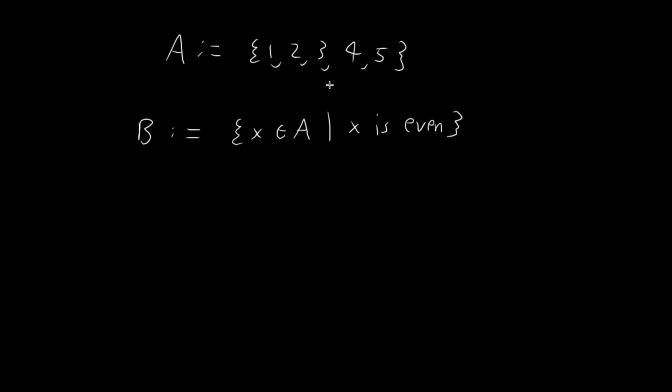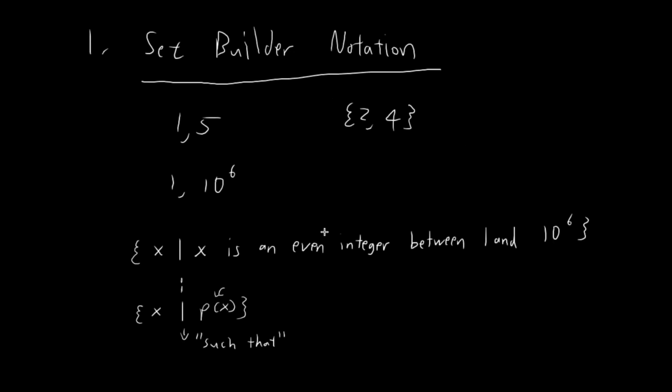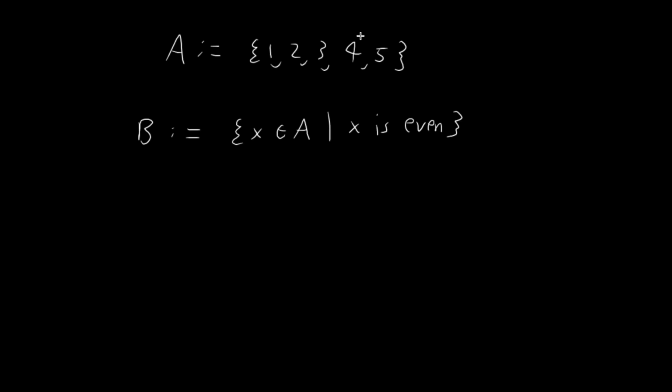This effectively extracts every single even element within A, and then we dump them inside B. You see that this is pretty similar to our previous example. The only difference is that this time we've specified that all the elements in B must come from A, and then all the elements in A that satisfy this condition will be dumped inside B. And so this is how we can use set builder notation to extract a subset out of A.